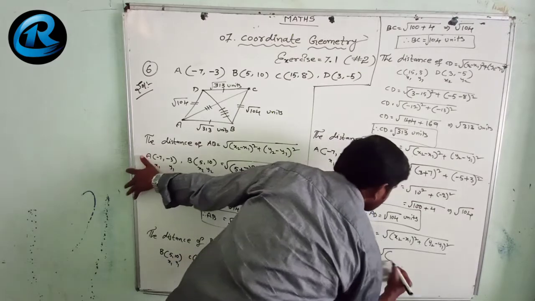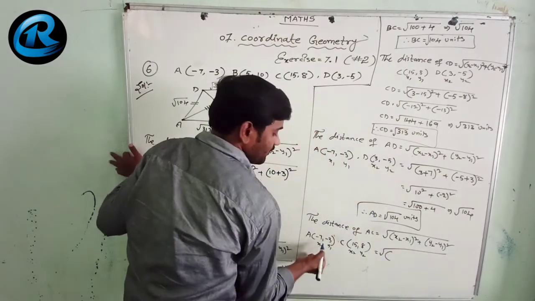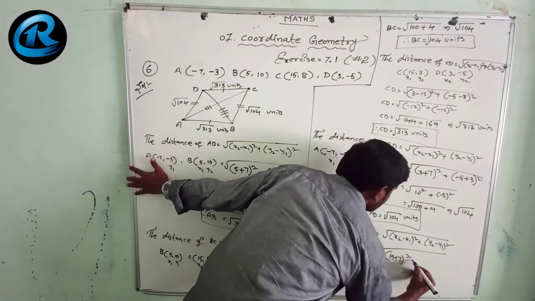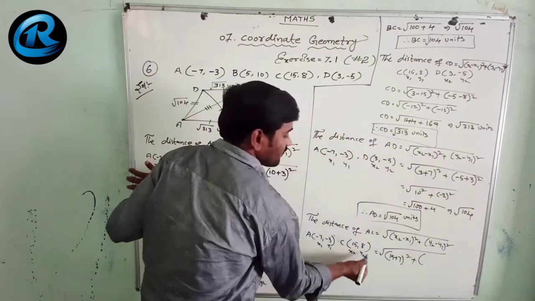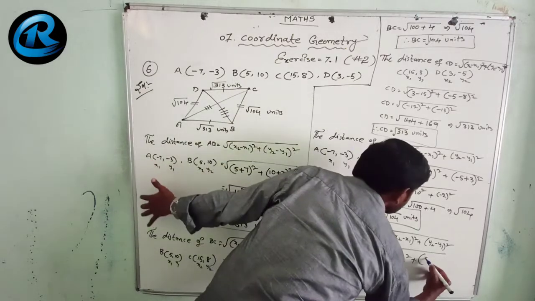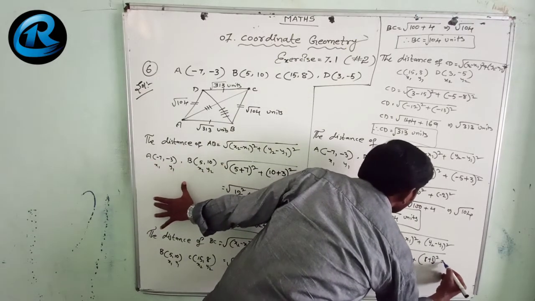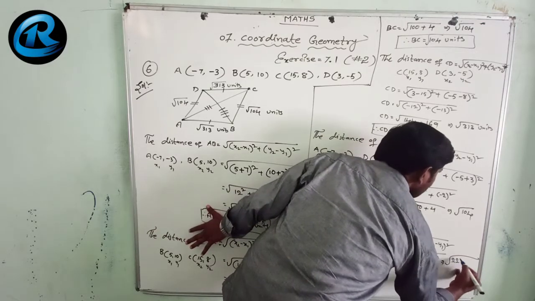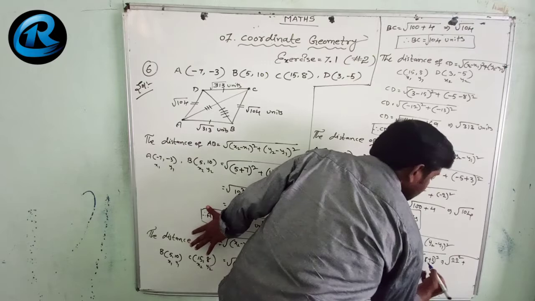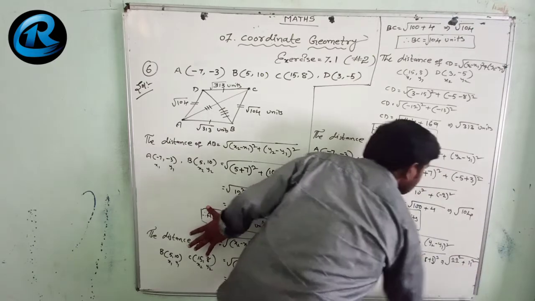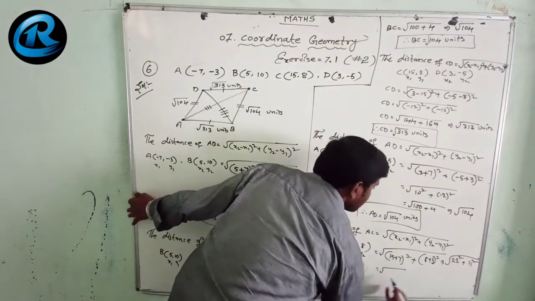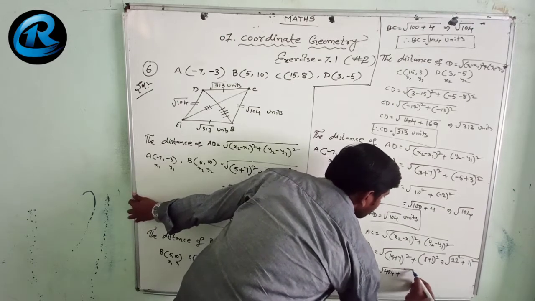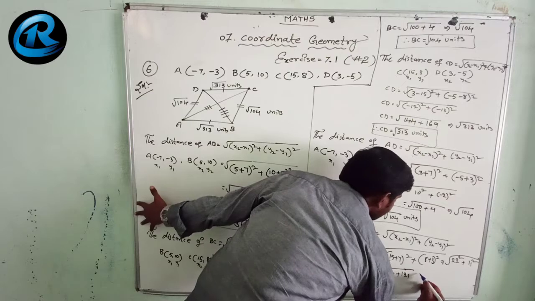Let us substitute the values now. x2, 15 minus of minus 7, plus 7, so 15 plus 7 whole square, plus y2 minus y1, 8 minus of minus 3, that is 8 plus 3 whole square, that equal to under root of 15 plus 7, that is 22 whole square, plus 8 plus 3, that is 11 square. 22 whole square is 484 plus 11 square is 121.